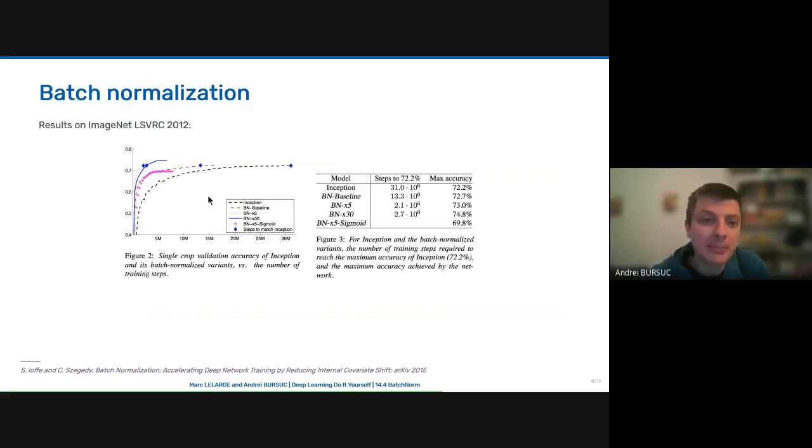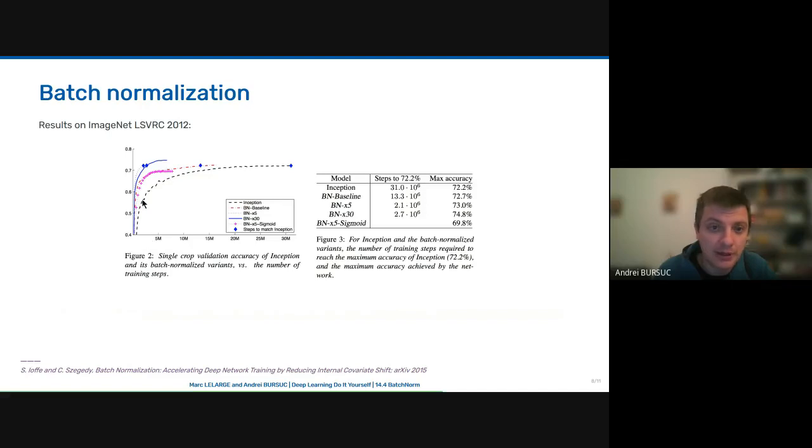Now let's see how it impacts training and performance in practice. Here we have Inception, a popular neural network developed by Google. Here is the variant without batch norm. We can see the accuracy with respect to the number of training steps; here we have 30 million steps to get to this performance.